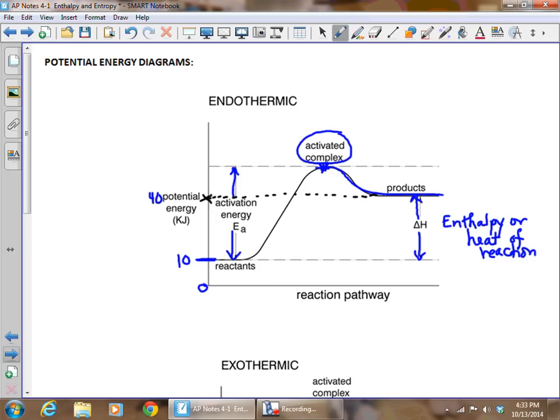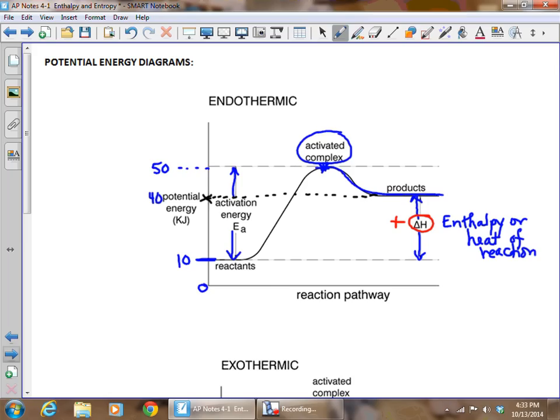If we wanted to look at how much the activation energy was, let's say this is 50, we would say that the activation energy going from 10 to 50 would have been 40 kilojoules. So we're looking at that side scale for the amount of energy involved to determine this heat of reaction, which for an endothermic reaction is going to be positive because we're taking in heat.